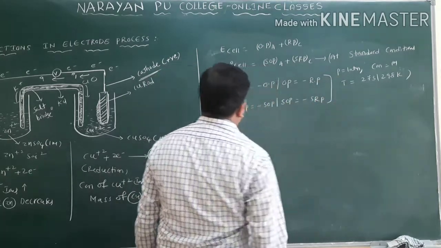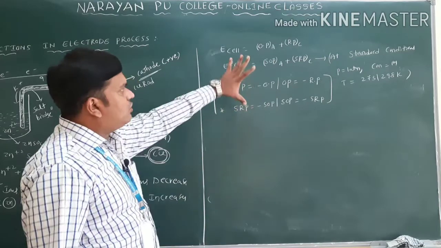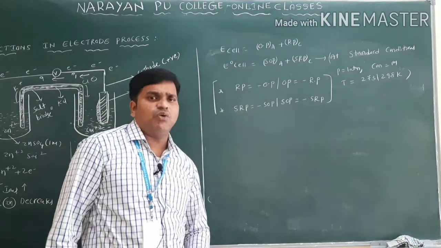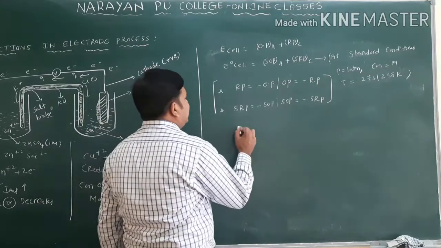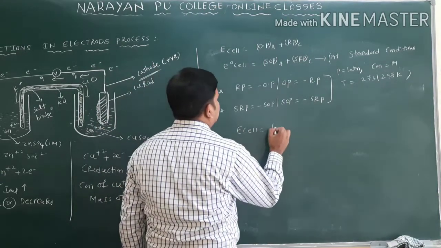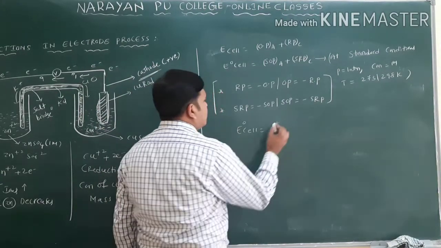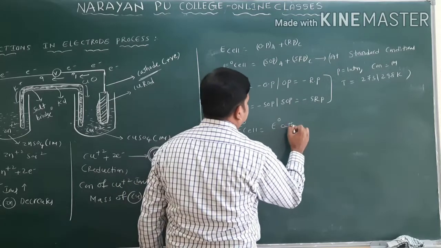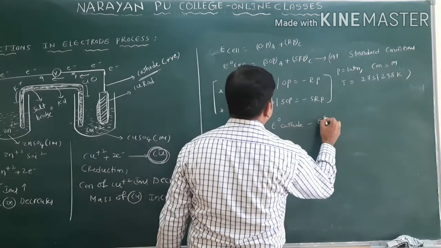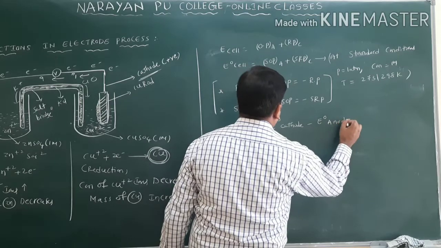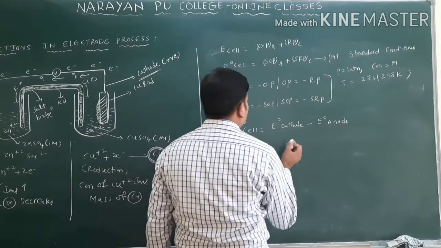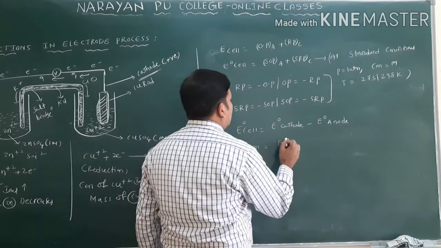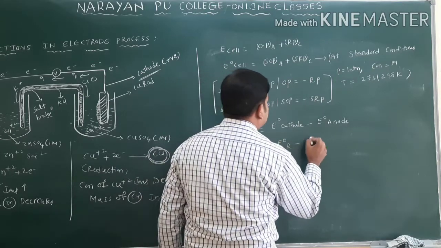So these are the formulas. Generally, if you are not using oxidation potential and reduction potential, how can you write the reaction with anode and cathode? E naught cell is equal to E naught cathode minus E naught anode only, or you can write E naught cell is equal to E naught right minus E naught left.